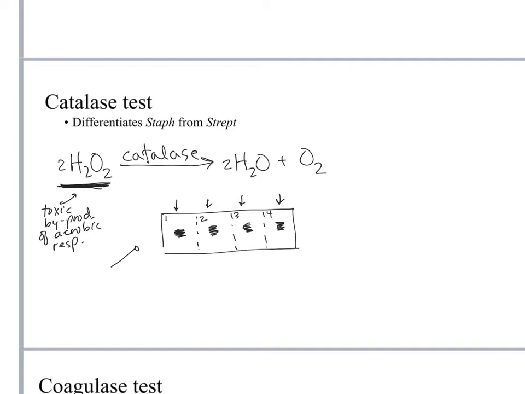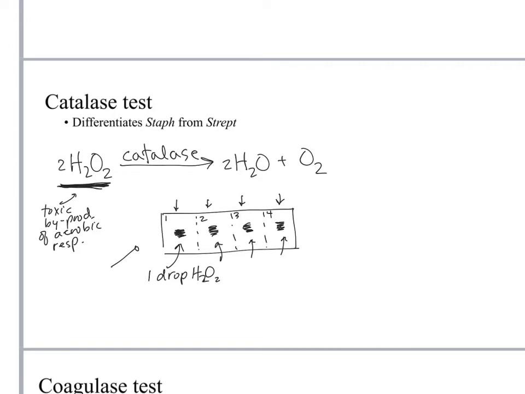So put all those organisms on there, and then all at once you can go through and add a drop of hydrogen peroxide. We're going to have some 3% hydrogen peroxide for you in the lab there. Just put a drop on each one of those smears of cells there.